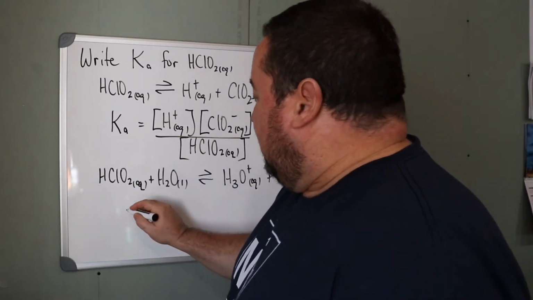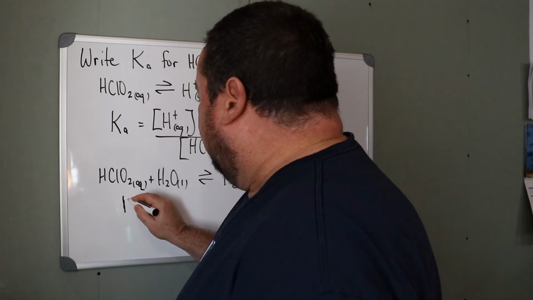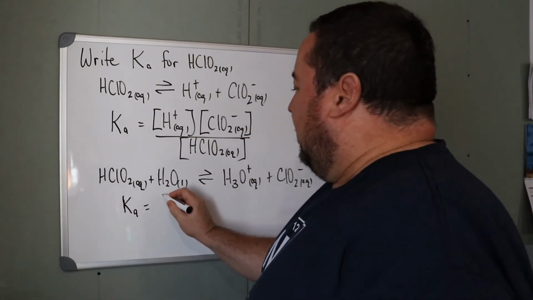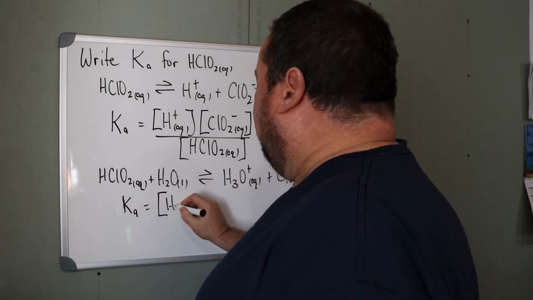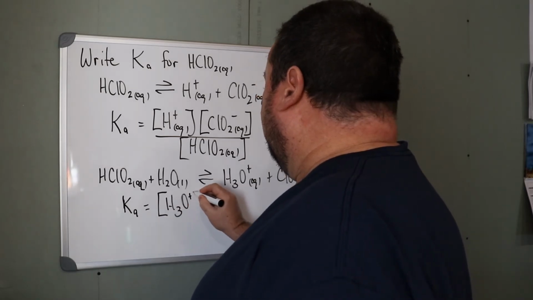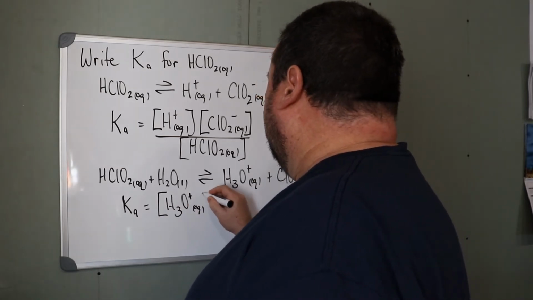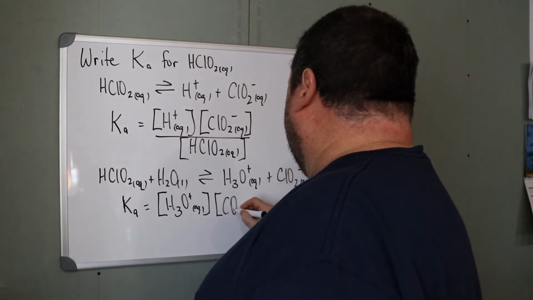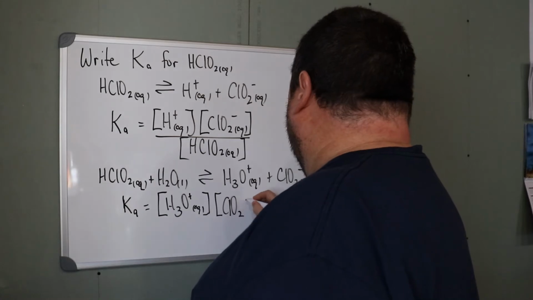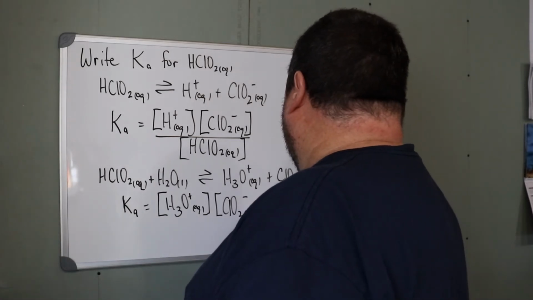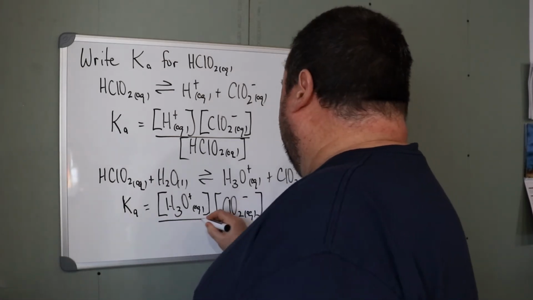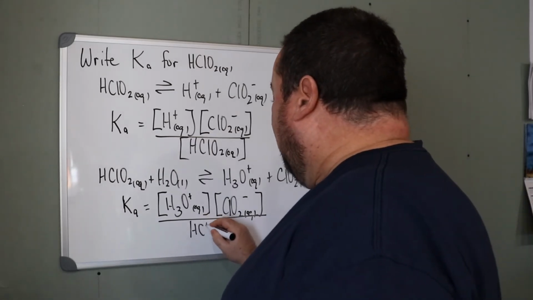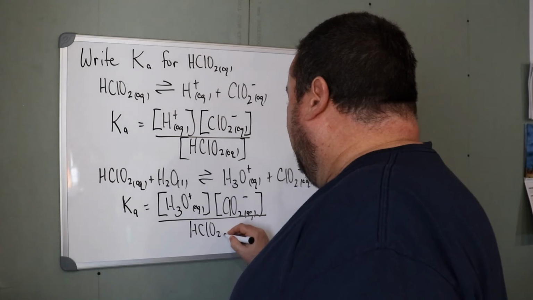Now when I write the Ka expression, I have the concentration of H3O plus times the concentration of ClO2 minus, and divided by the concentration of reactants, HClO2 aqueous.